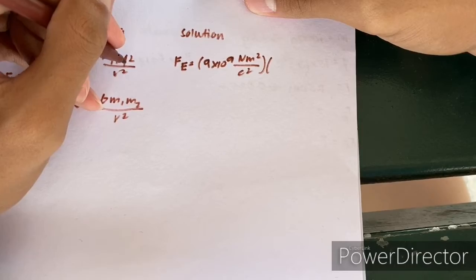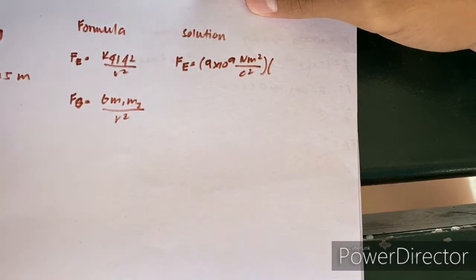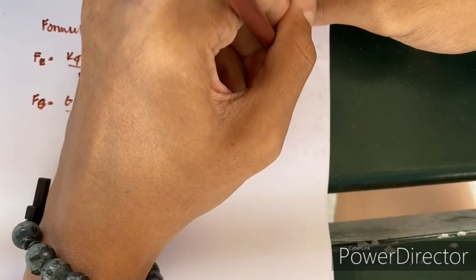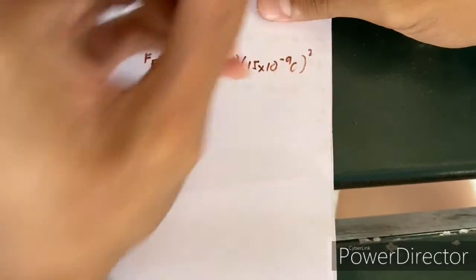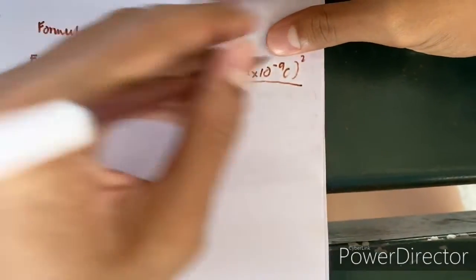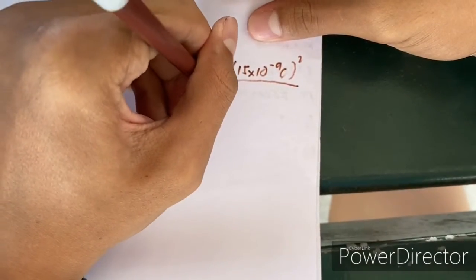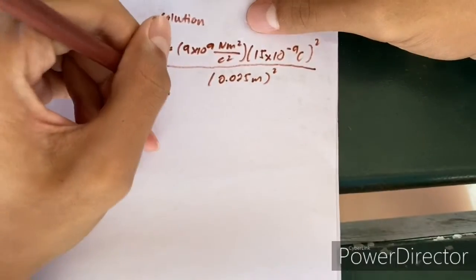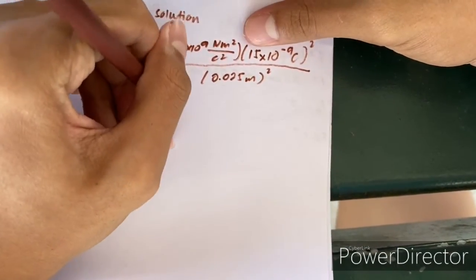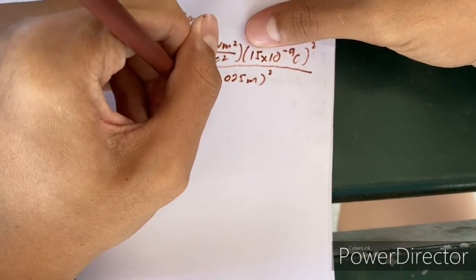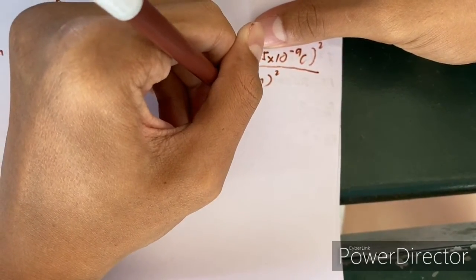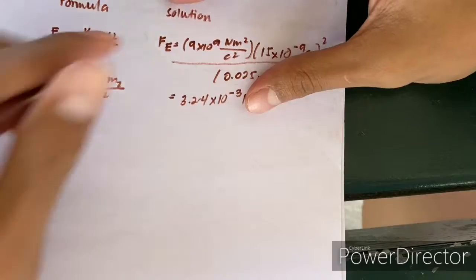Then Q1 and Q2 are 15 times 10 raised to negative 9 coulomb squared, over 0.025 meter squared, equals 3.24 times 10 raised to negative 3 newton.